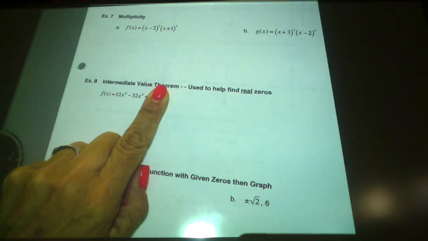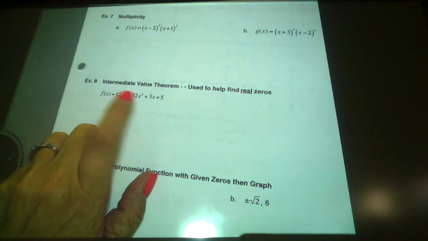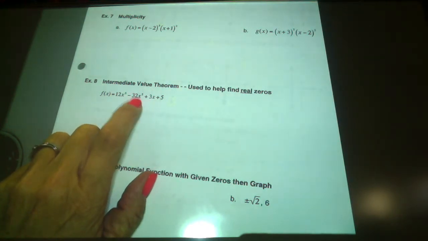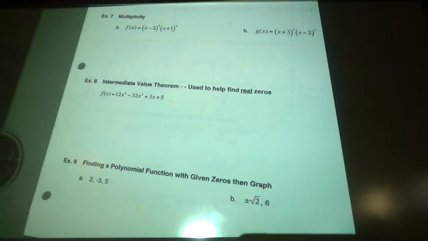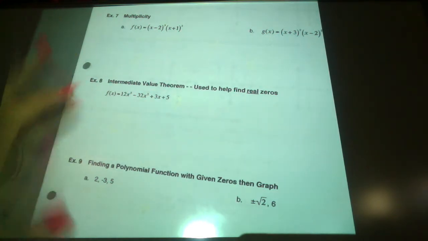If you take out a 4, you do get a 3 on this one, and they have an x squared also. If you take out a 4 here, are you left with a 5? No. So is grouping going to work on that one? You don't know how to factor that one. And if you're not allowed to use your calculator, how are you going to find them? So we'll talk about the intermediate value theorem on Monday. So if you see anything ugly like that, skip it.